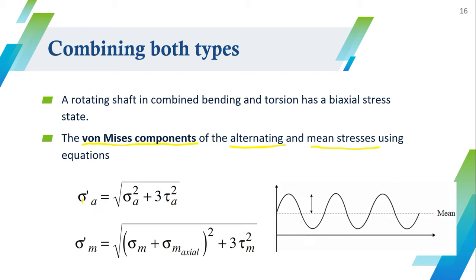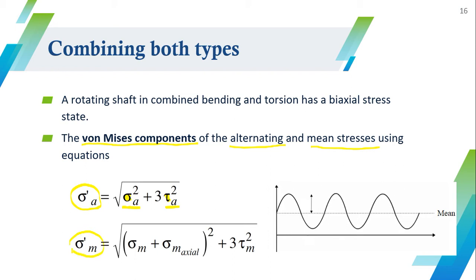The expression for the alternating component, represented here by sigma A prime, is the square root of sigma A squared plus 3 tau A squared. So here, as you can see, we have combined the normal stress and the shear stress into a single expression, and there of course exists a derivation for that in mechanics of materials 2.